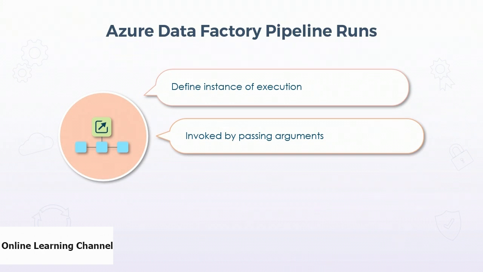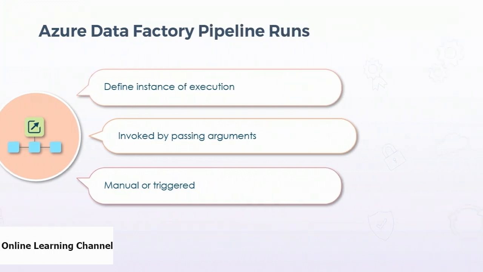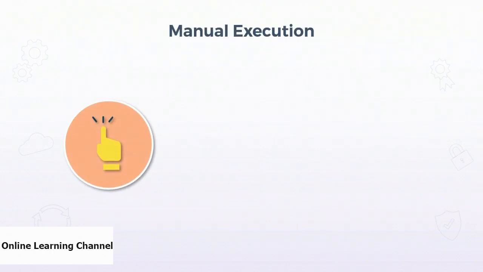Now, a pipeline run also includes information about how it came to be run. A pipeline can be executed manually or through other types of triggers. So when you inspect a pipeline run, you'll be able to see what type of trigger actually executed that pipeline. Now, if you wanted to execute a pipeline manually, you actually have a number of different options available to you.